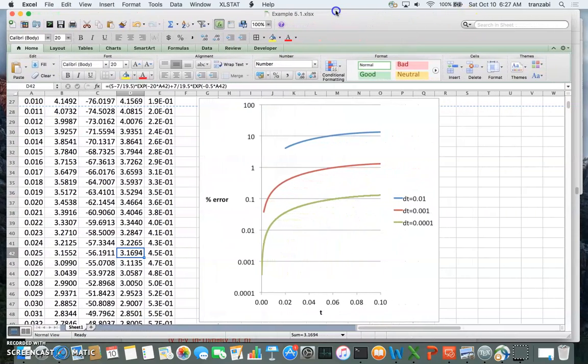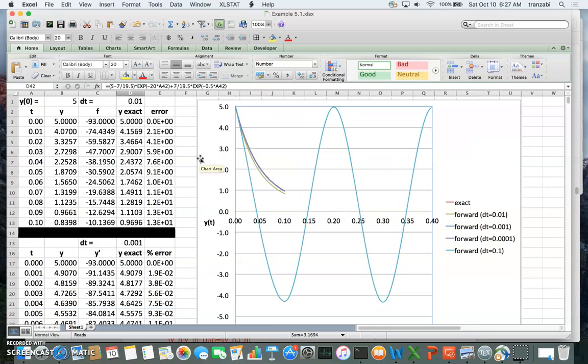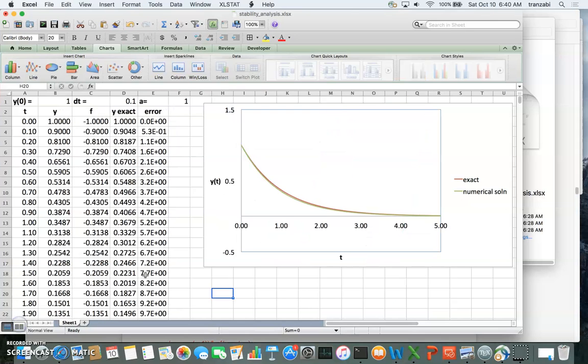Now in this lecture I'm going to change my A times H to see how the instability occurs. Okay, so what is this equation we're trying to solve? Let's actually start with the toy problem. Here is an example. This is the solution to the toy problem using forward Euler.